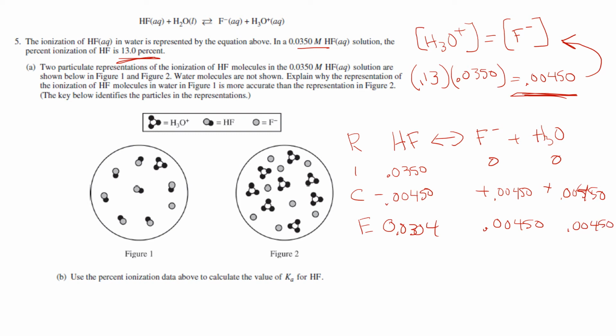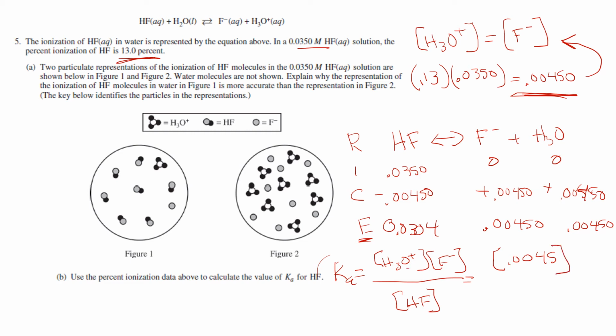Now I need to set up my Ka expression. My Ka expression is products over reactants. So I've got my hydronium ion multiplied by my fluoride ion over my weak acid. Which means I've got 0.00450. I'm taking my equilibrium concentrations because this is my equilibrium constant.